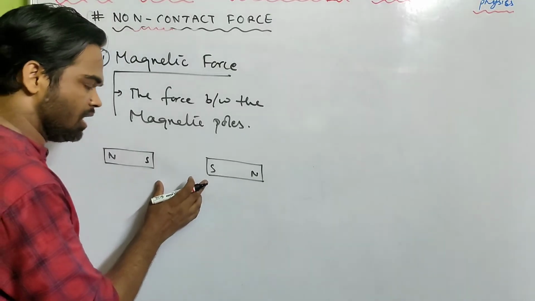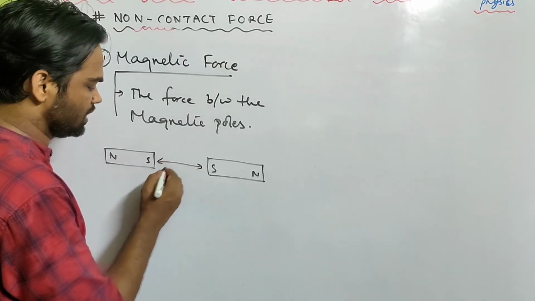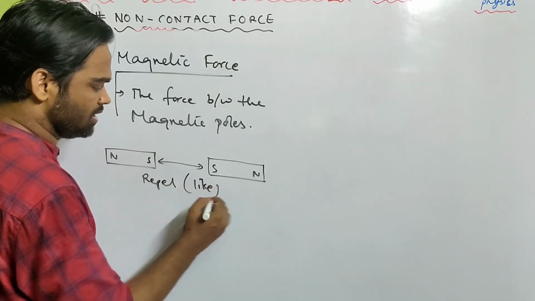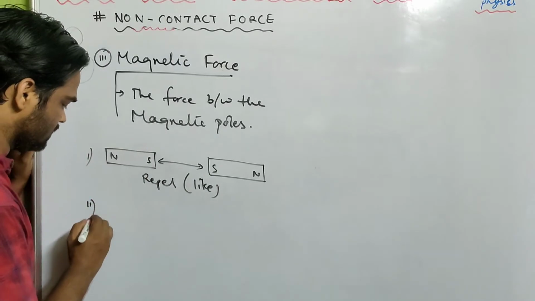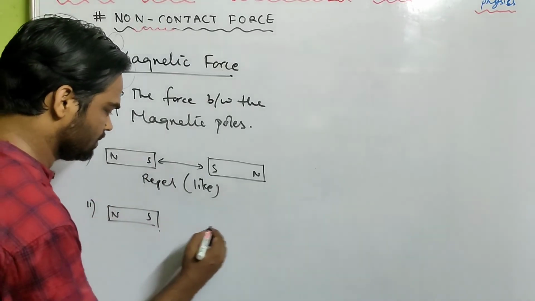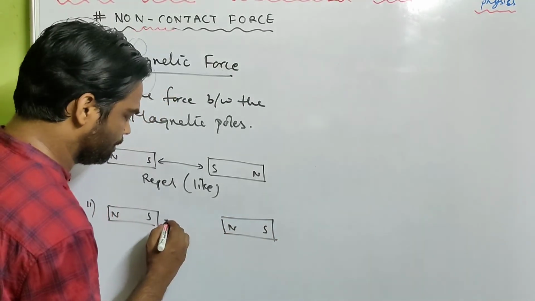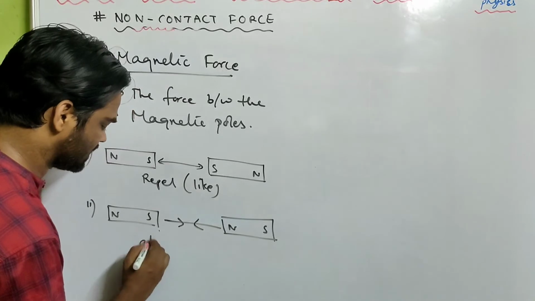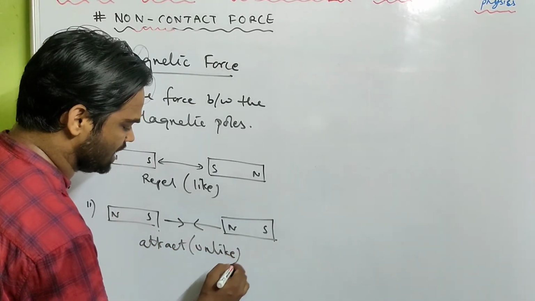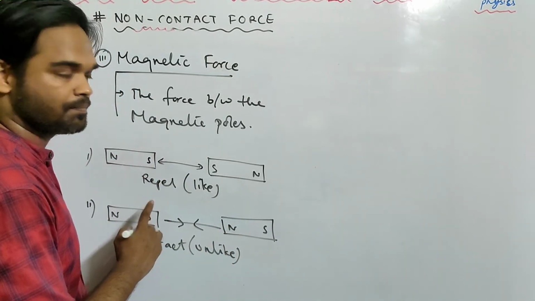If they are at a distance, if the south pole is brought towards the south pole, we'll see that they repel each other due to like poles, like the like charge. But if you take a bar magnet and bring opposite poles, you see that they attract each other due to unlike poles, which means unlike poles attract each other, alike poles repel each other.